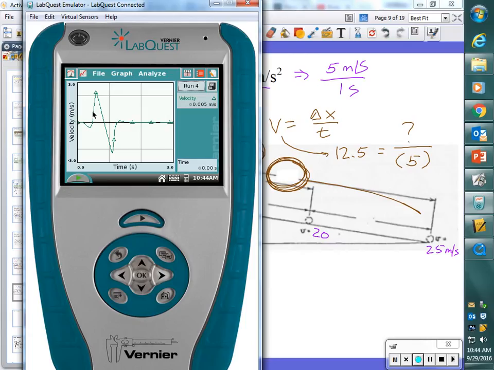I dip it down, but then I throw it in the upwards direction. My hands make it go faster in the upward direction. And that happens until we get here, right? What happens to the velocity graph after that point?